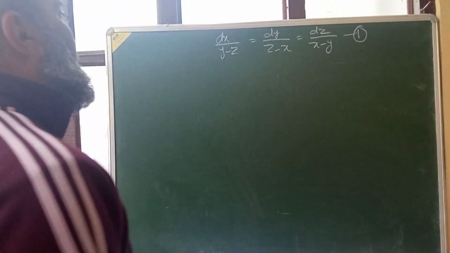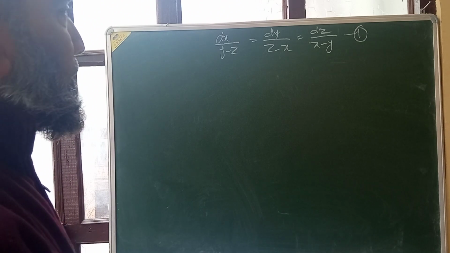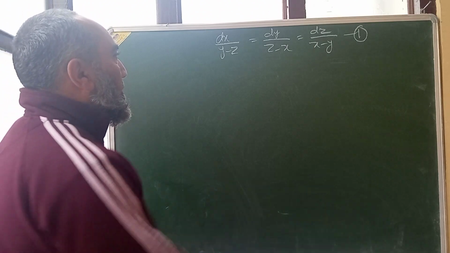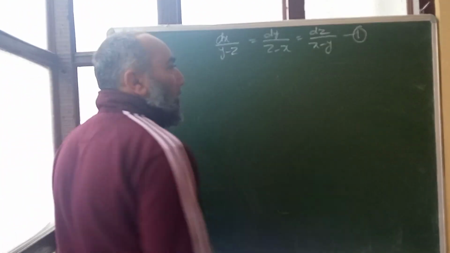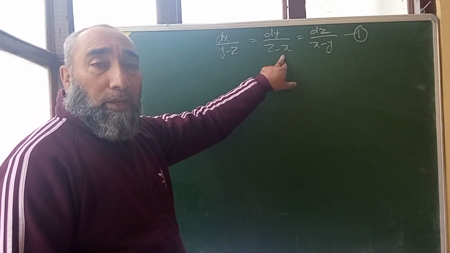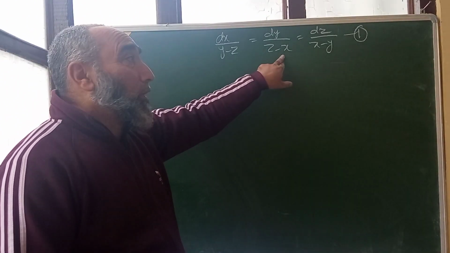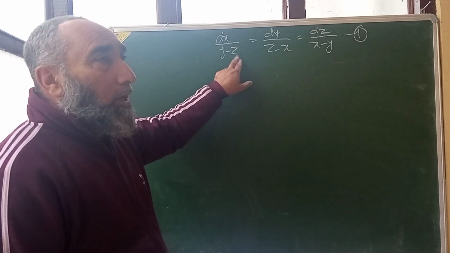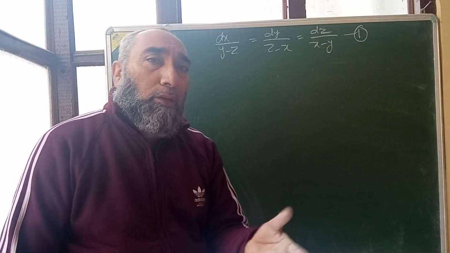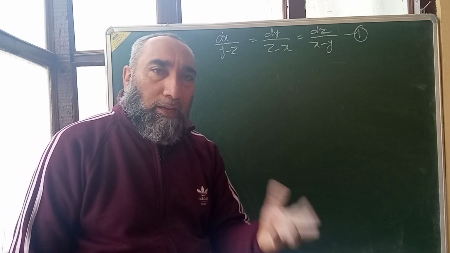This is one. See, I cannot take any fraction together. Rule 1 says if you take any two fractions together, then one of the variables should either be absent or it must cancel out. This is not happening. I cannot find solution 1. When I am not getting solution 1, I cannot use rule 2nd.